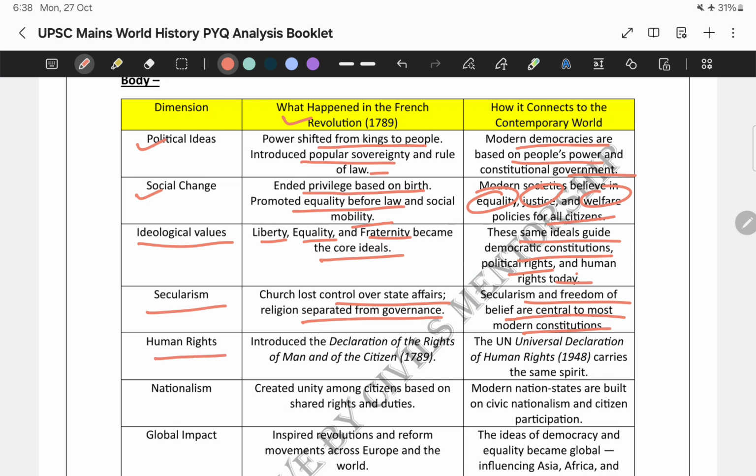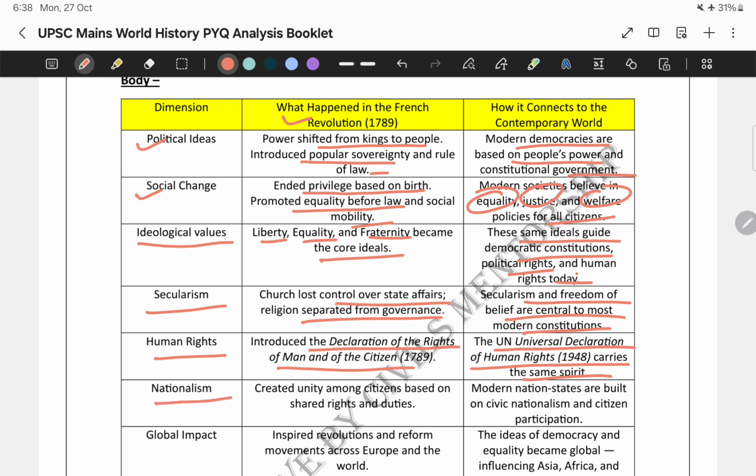Similarly, human rights. What exactly happened? It introduced the Declaration of the Rights of Man and of the Citizen. How can we connect it to today's world? The UN Universal Declaration of Human Rights carries the same spirit. So you are connecting it with the ideals that were developed during the French Revolution.